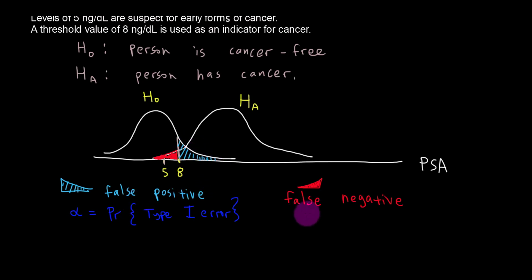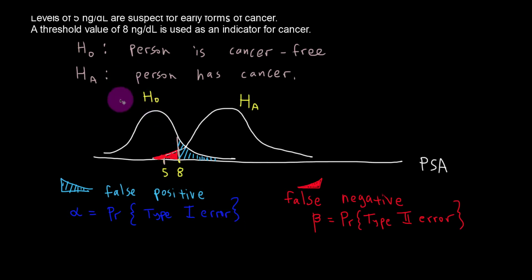The folks represented in red, that proportion, there is a probability associated with it. We're not going to worry about it too much, but that would be the probability of a type 2 error. You can think on your own, what's worse in this context? Is a false negative worse? Is a false positive worse? Something to kind of grapple with.